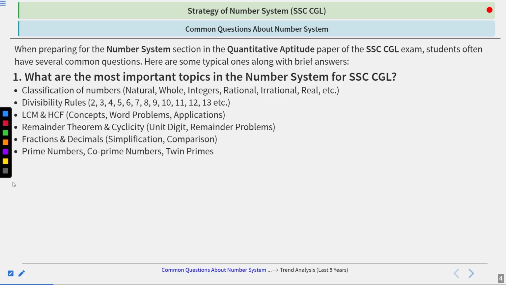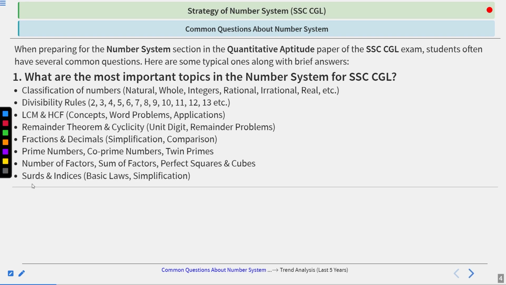Prime number, co-prime number, twin prime number based questions. Number of factors, factor based questions, in which number of factors, sum of factors, perfect squares and cubes. And surds and indices. So these are the important topics in number system from which questions are asked in SSC CGL exams.